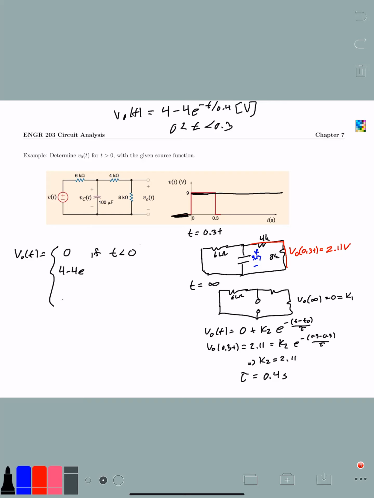It's 4 minus 4 e to the minus t over 0.4 for the part where time goes after the first switch, before the second. And then after the second switch, we're going to get the following here. And so this then gives us our answer.